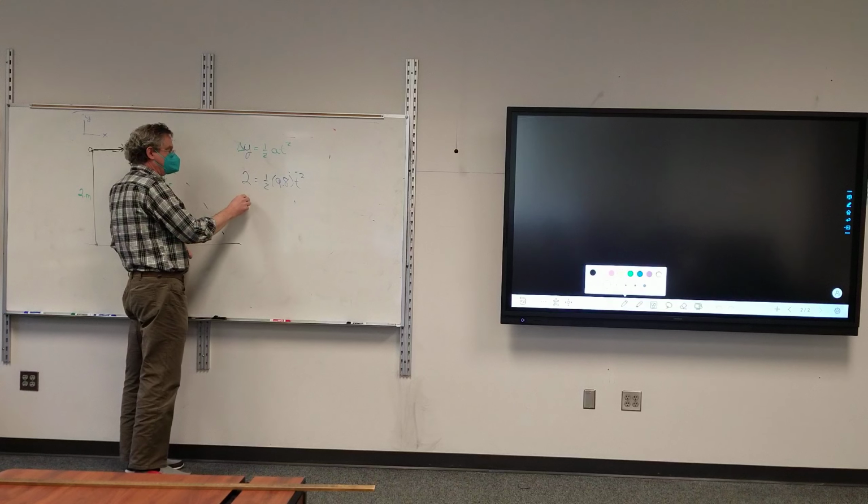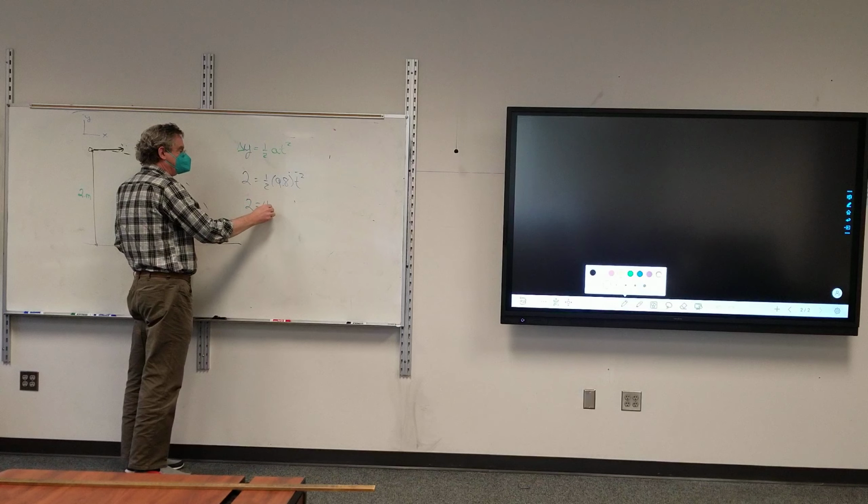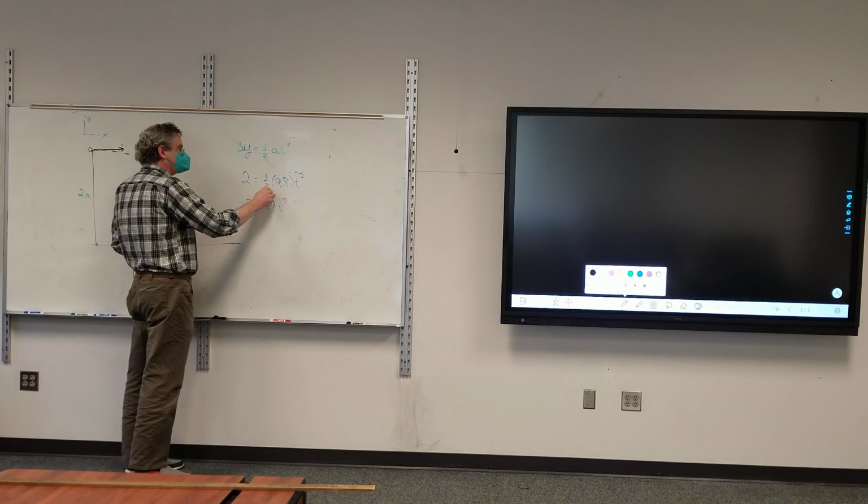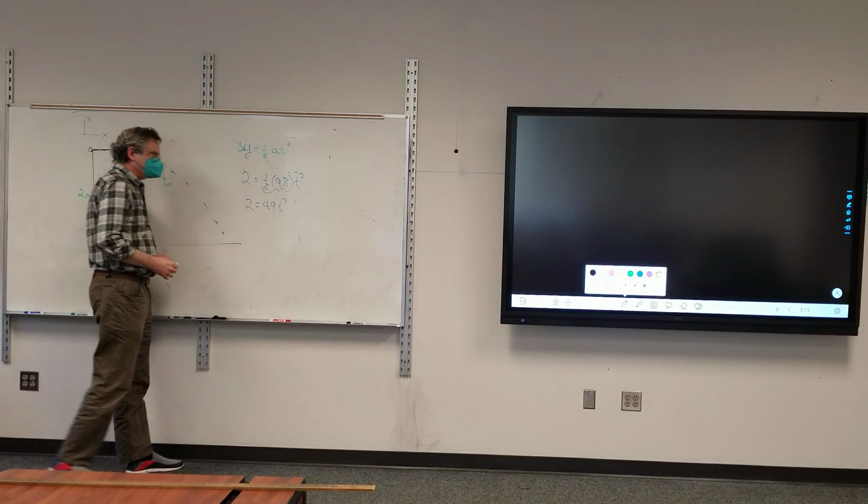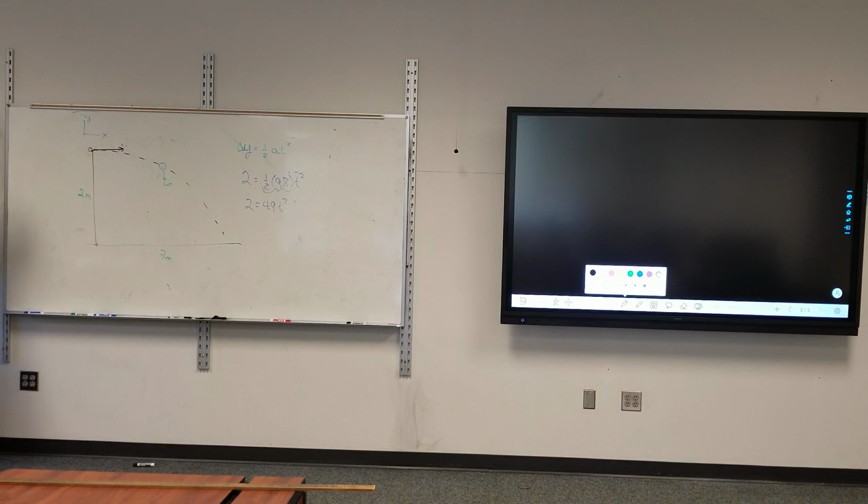There are several ways of going about it, but 2 is equal to 4.9 times t squared, that's 1/2 of 9.8. Now what? Divide both sides by 4.9. Yep.